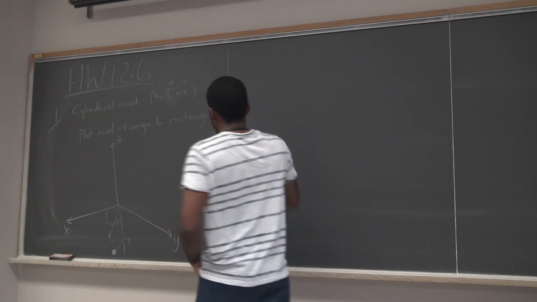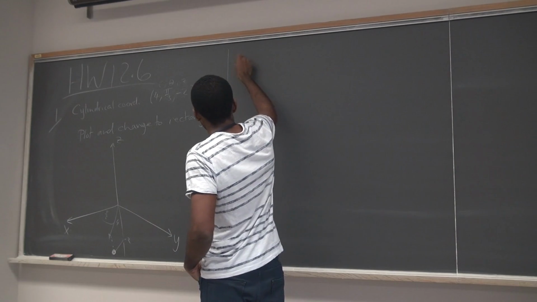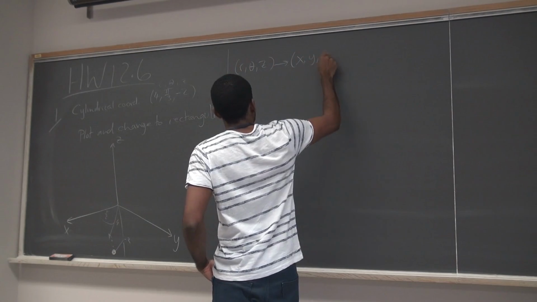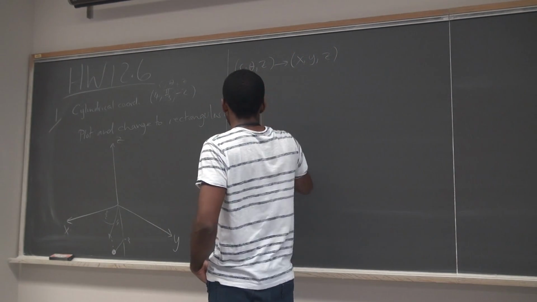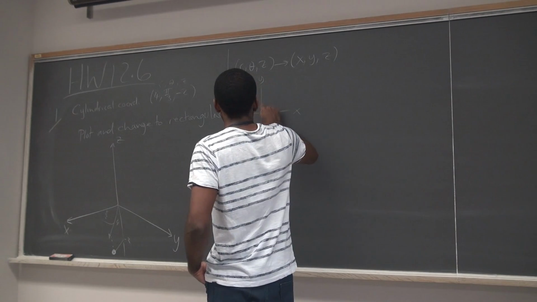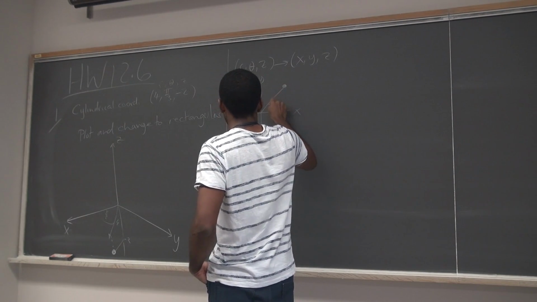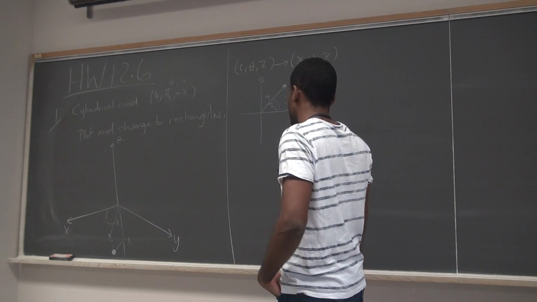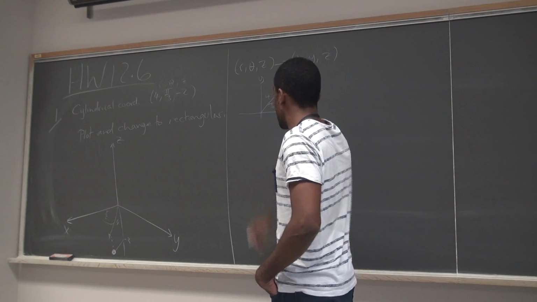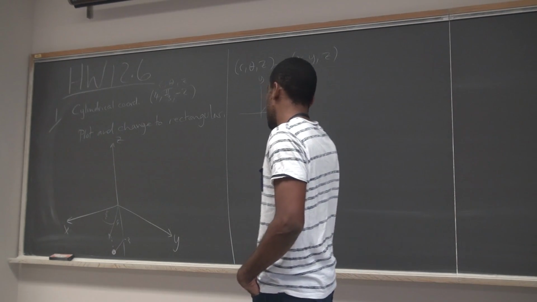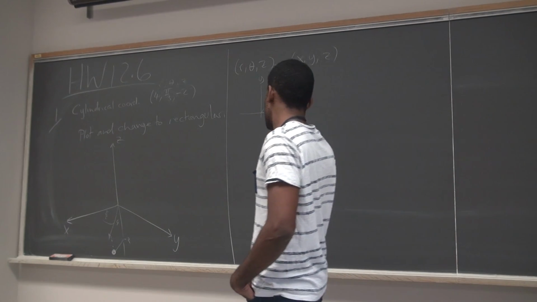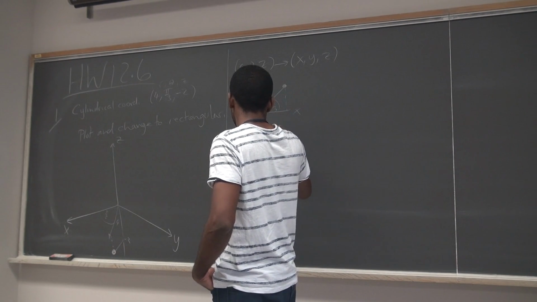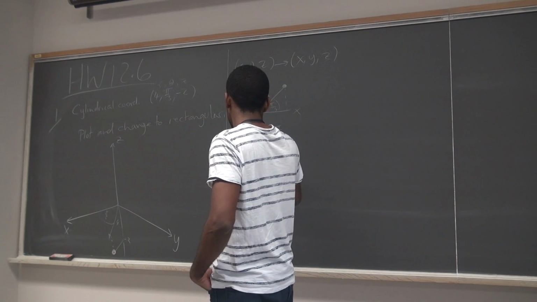In rectangular, what would I do? Well, rectangular means I need to go from r, theta, z to x, y, z. But in the xy plane, what's going on? So then I just find the xy coordinates of that position. x is 4 cosine pi over 3. y is 4 sine pi over 3.